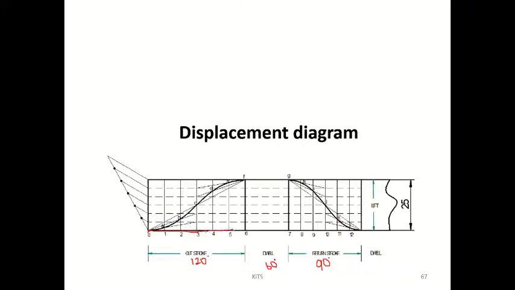Okay, first 12 centimeter is one segment, then 1 centimeter, then again 9 centimeter. Draw a vertical line of 25 mm, that is 2.5 centimeter.